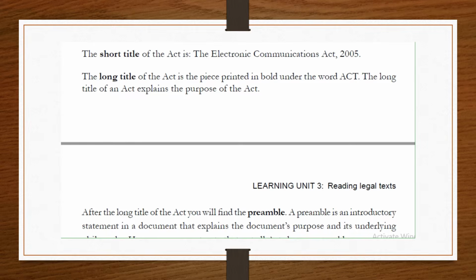It further says, on page 45 now, below there, after the long title of the act, you will find the preamble. This means that the long title comes before, or precedes, the preamble. Perfect. Our answer in black and white, crystal clear.